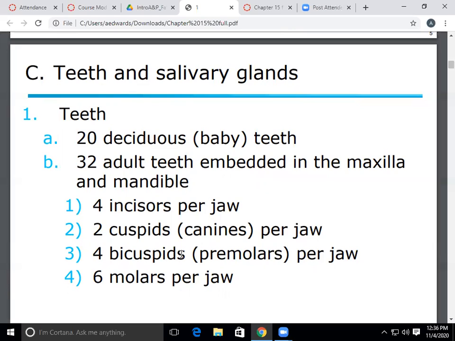Okay. So per jaw, you've got 4 incisors, 2 cuspids or canines, 4 bicuspids or premolars, and 6 molars. Okay. 4, 2, 4, 6 per jaw.